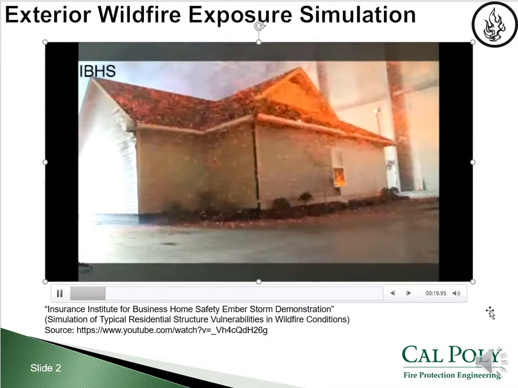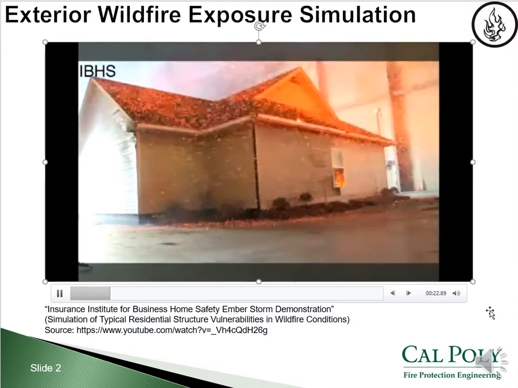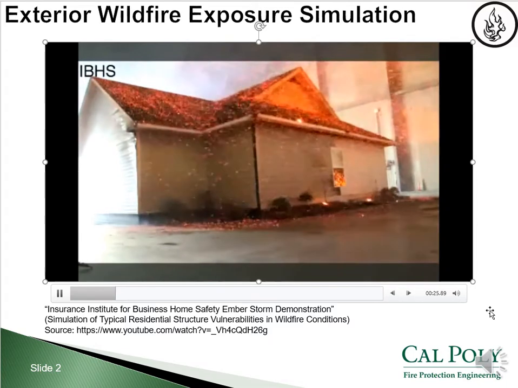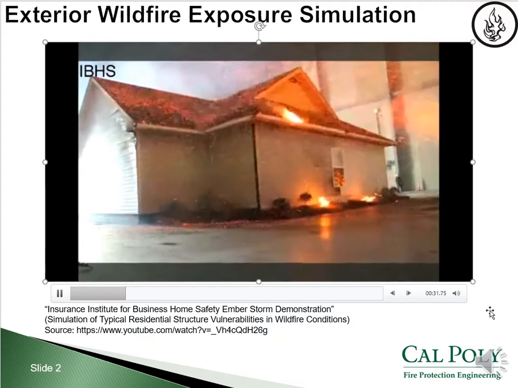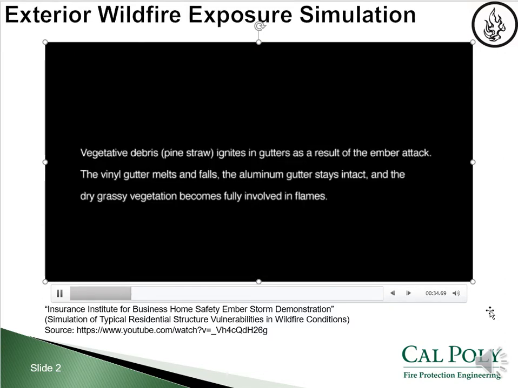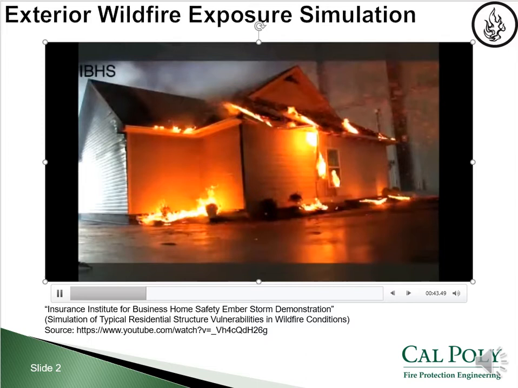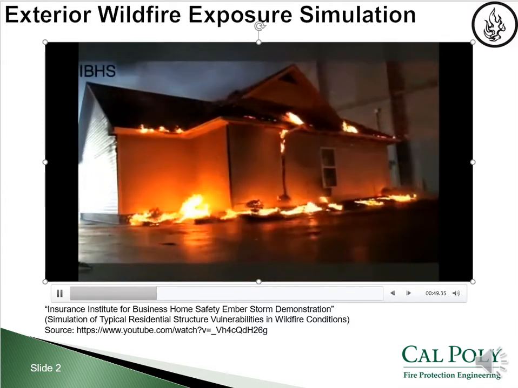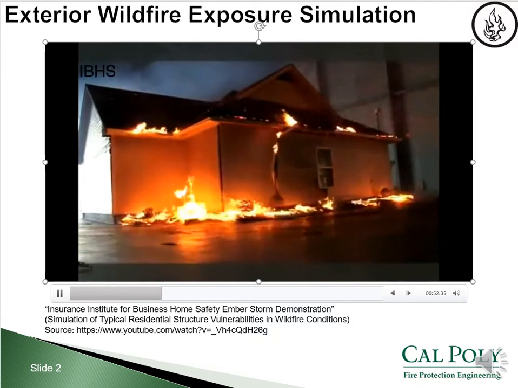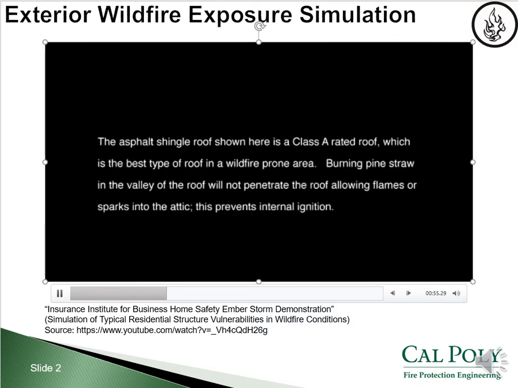As you can see, the first object that ignites is the asphalt shingle roofing material. What you see here is spotting that can cause accumulation of leaves along gutters and roof eaves to ignite.